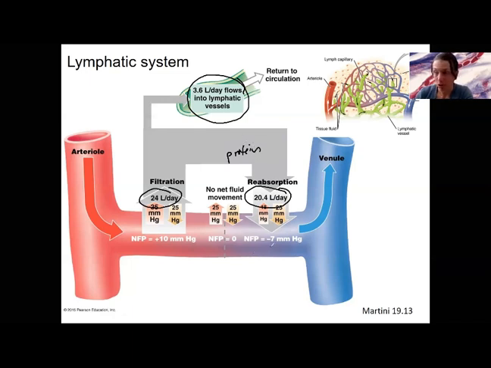Decreased capillary osmotic pressure, that's the one we just looked at. So hypoproteinemia, low serum albumin, could decrease capillary osmotic pressure and prevent the proper reabsorption.